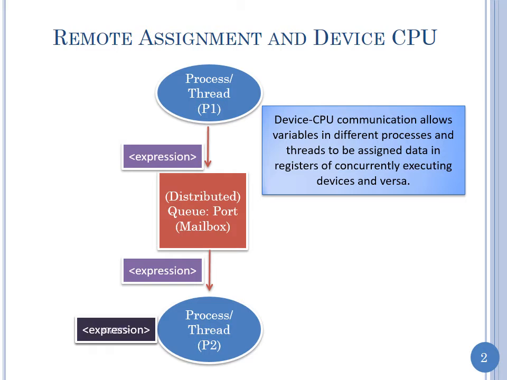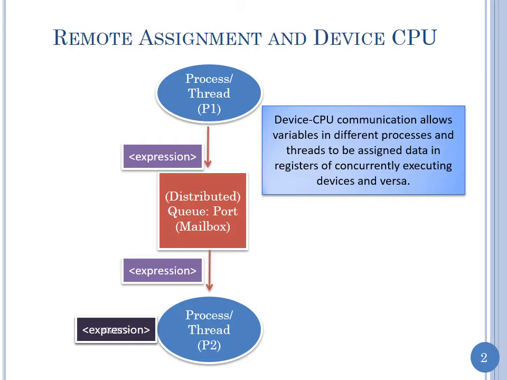But while we still have these devices in our head, let's tie this to IPC more cleanly. In IPC there's a bounded buffer, and there's a bounded buffer in device-CPU communication. Essentially what we're doing is a remote assignment.